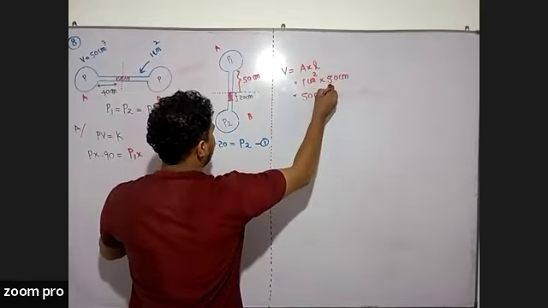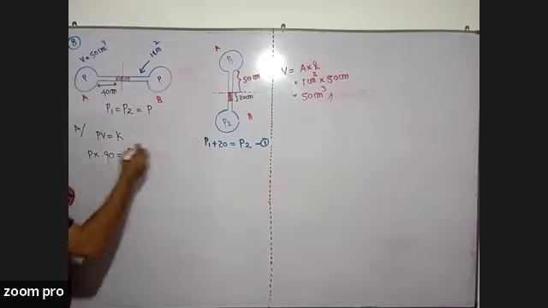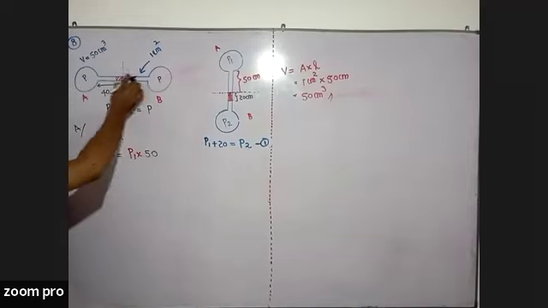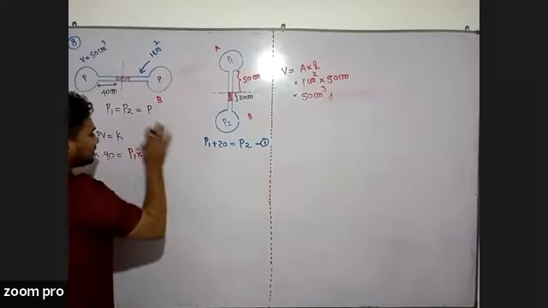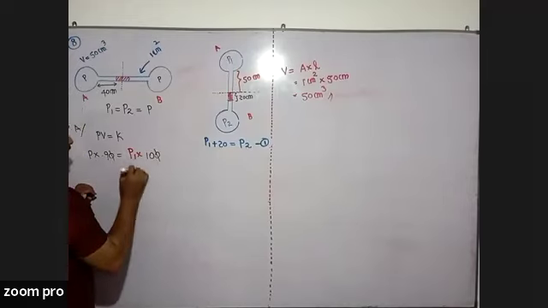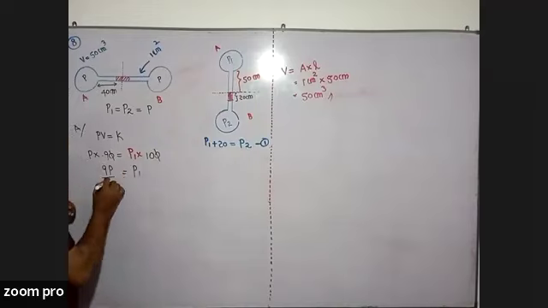So the answer is 50 cubic centimeters. So it should be 50 plus 50, that is 100. Then we can derive an answer for P1 as 9P over 10.